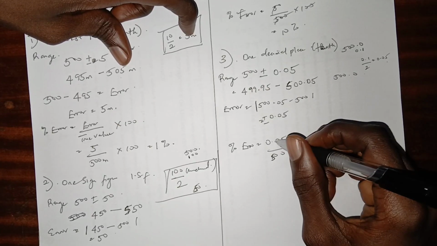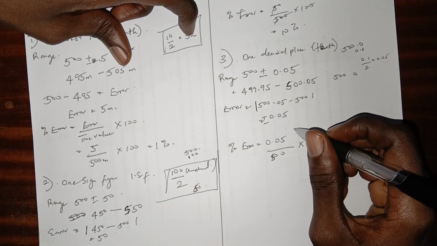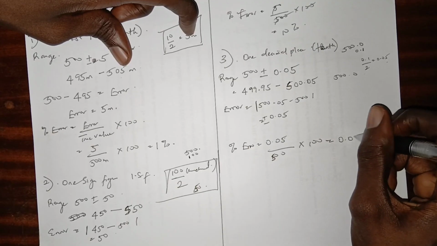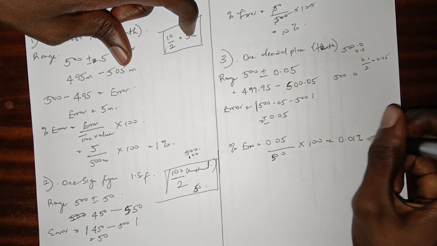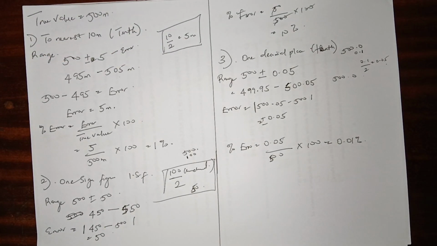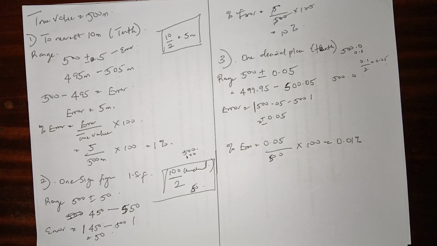Multiplying this now will give us 0.01% as our error.